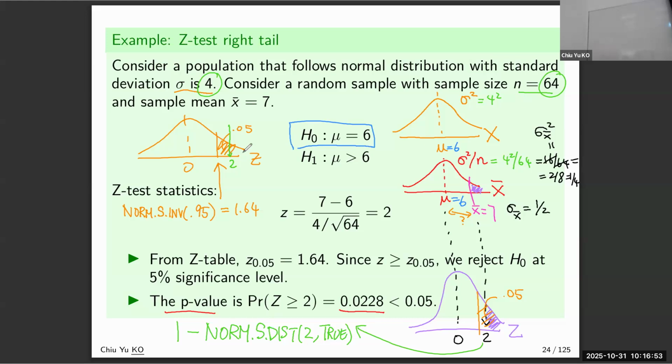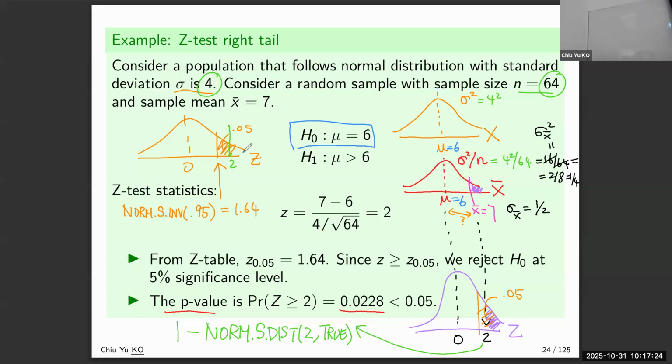So either you can use the p-value method, which I think is more modern, but in the historical setting we used the critical value method, because the critical value never changes, so it's easier to do. With the p-value method, you always have to calculate. That's why in a time when calculators were very expensive, we used the critical value method.